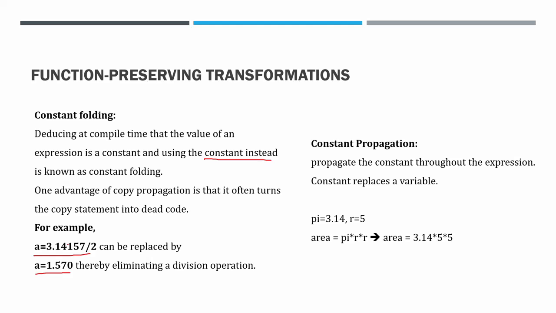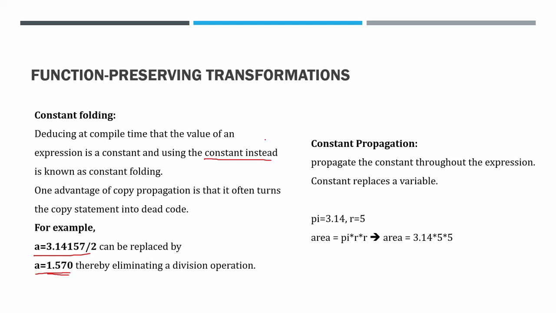Just think of it, what is the need for division here? We can reduce this operation. If we perform the division of these two things it will give one constant, and we know the exact value of it. So instead of performing the extra division operation, we can replace it with the exact constant value.